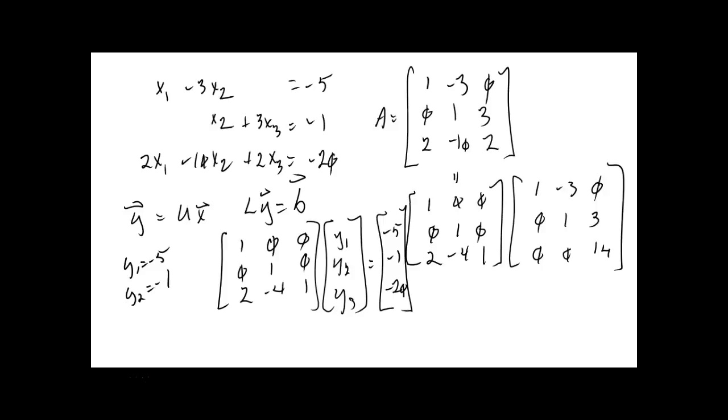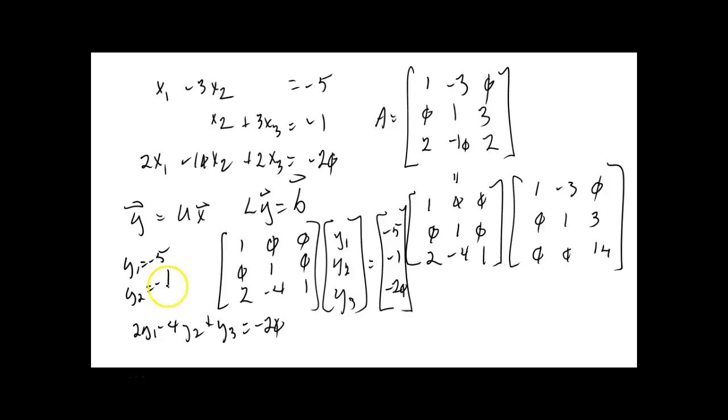And then the third one is this. 2y1 minus 4y2 plus y3 is equal to -20. That one we have to do something to. So 2y1 minus 4y2, are y'all following? Plus y3 is equal to -20. Got it?